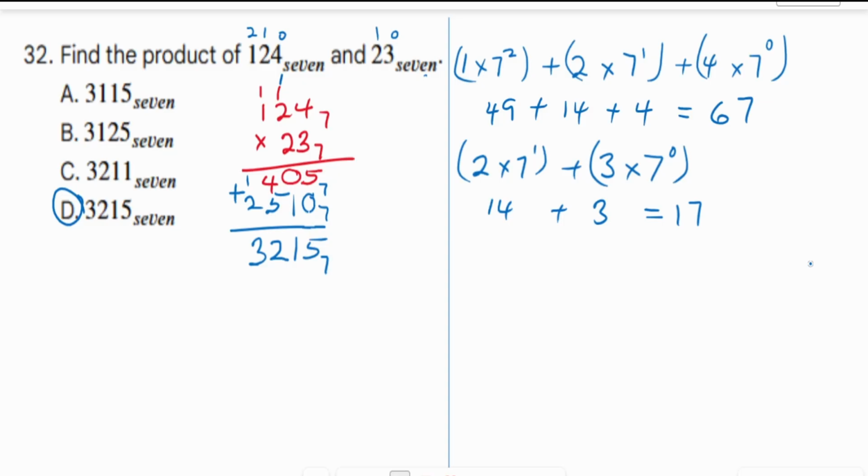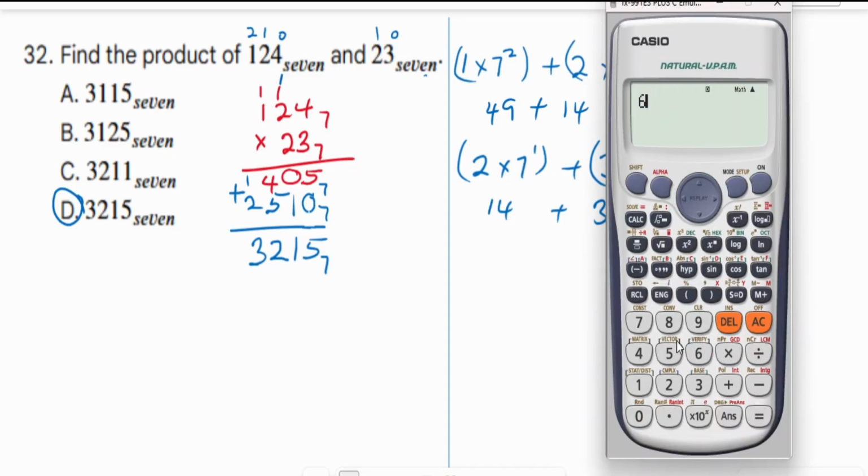Now let's go ahead and multiply these two numbers in base 10. And I'm not even going to stress since we have a calculator. So 67 times 17. That is 1,139.